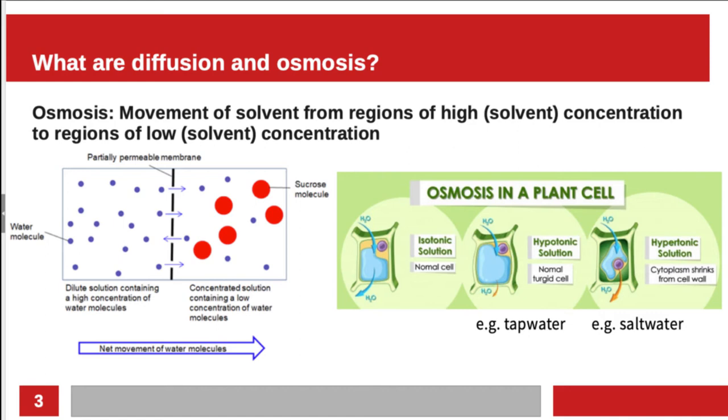And as a result, the cell membrane will push against the cell wall, and it will result in the cell swelling and becoming turgid. Now, in an animal cell, this can often even lead to rupturing the cell membrane, because the cell membrane doesn't have nearly as much support as a plant cell does.